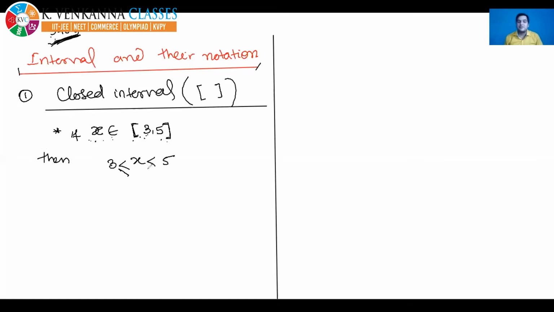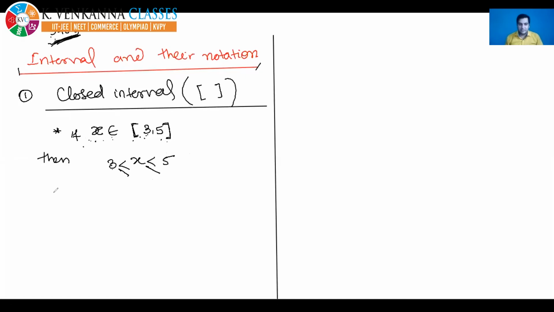X can take the value of 5. X can be 5. So here also equality. So if x belongs to closed bracket 3 to 5, then in terms of inequality, it means x can take the values from 3 to 5. X can be 3 also, x can be 5 also.